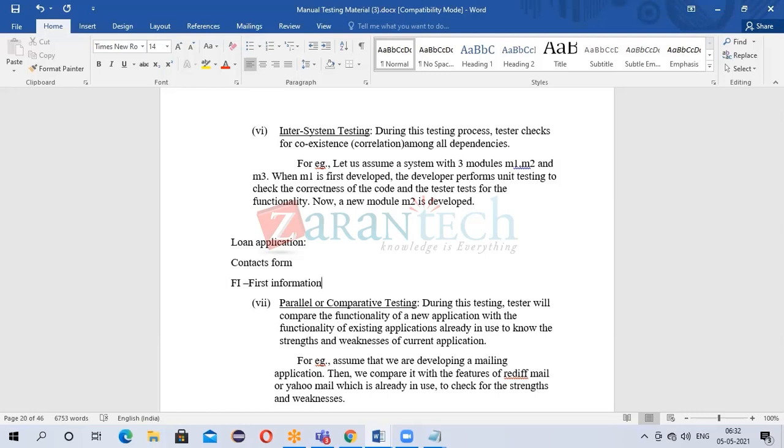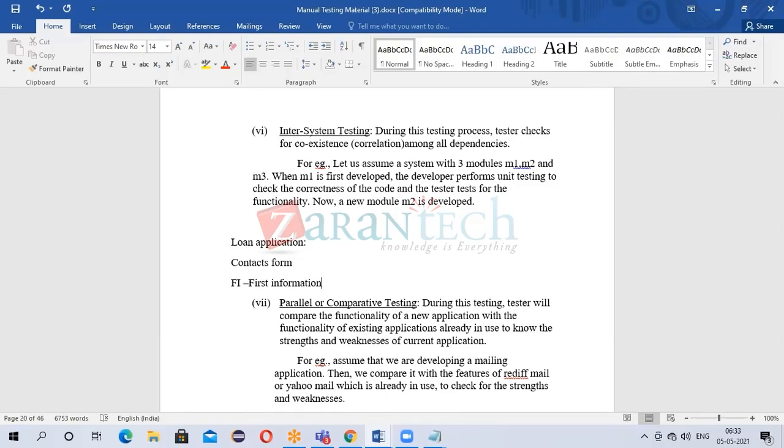There is a contact form, which allows you to enter the contacts. There is an FI form, and when you enter FI, it asks you to choose the customer name from the contacts. So A is integrated with B, and that relation is what we are going to verify here.